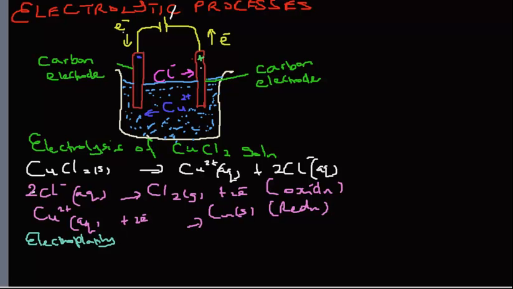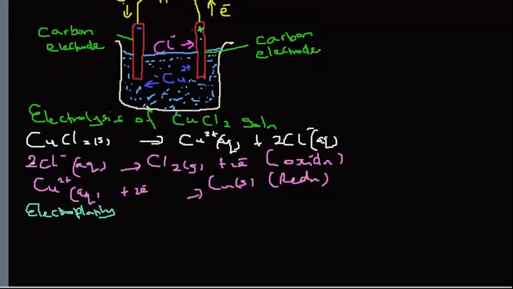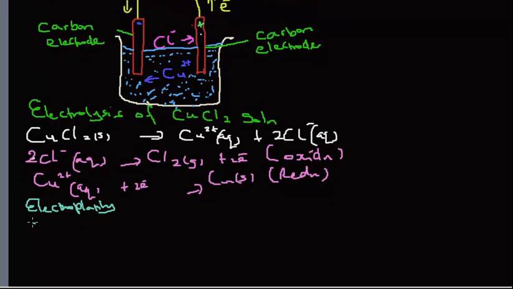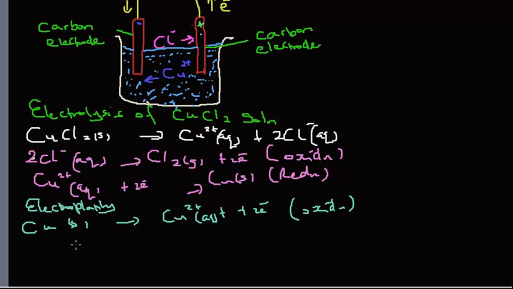So we have our crude copper, which is solid, and it is electrolyzed to copper 2+ in aqueous form, plus 2 electrons. This will be an oxidation reaction, which takes place at the anode.